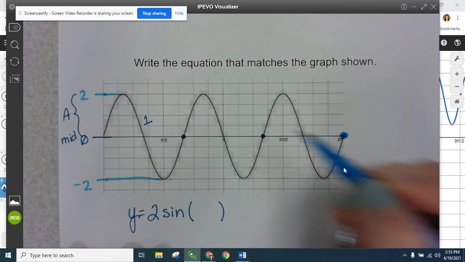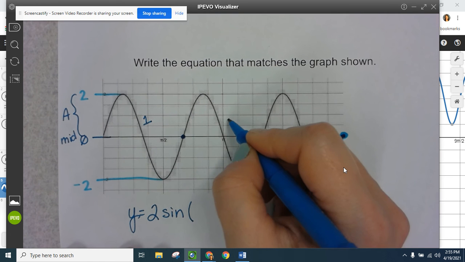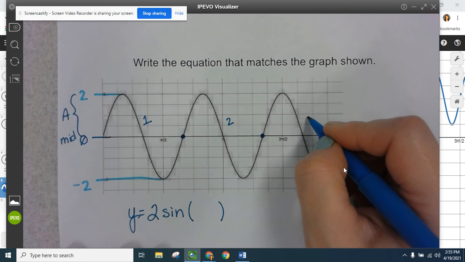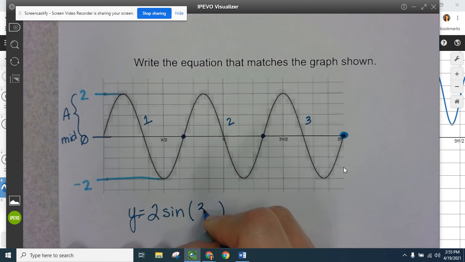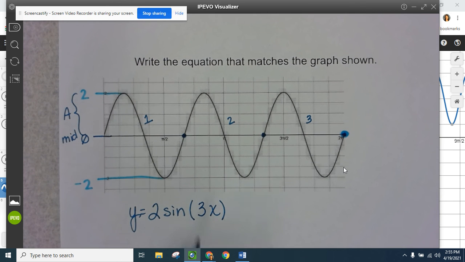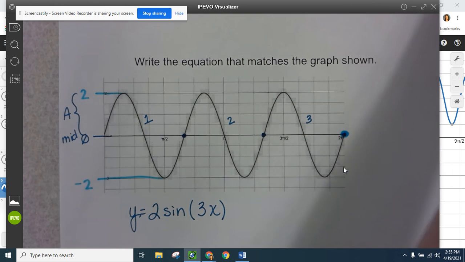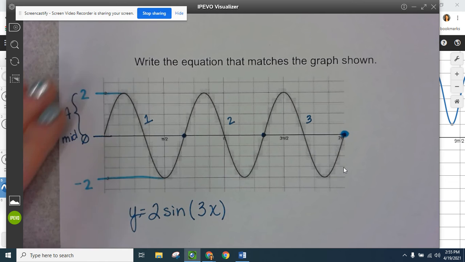So here's one sine curve, here's 2 sine curves, here's 3 sine curves. So this tells me that my period is enough to get 3 sine curves within my 2 pi. That's what this number here out in front is telling you. How many sine curves are you getting smushed or stretched in that 2 pi?